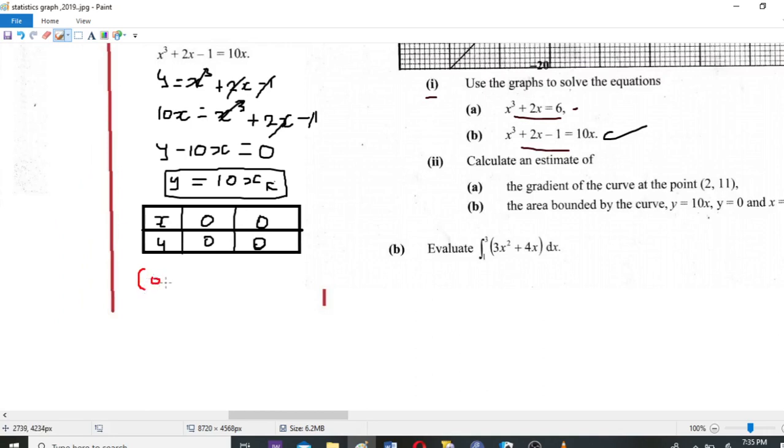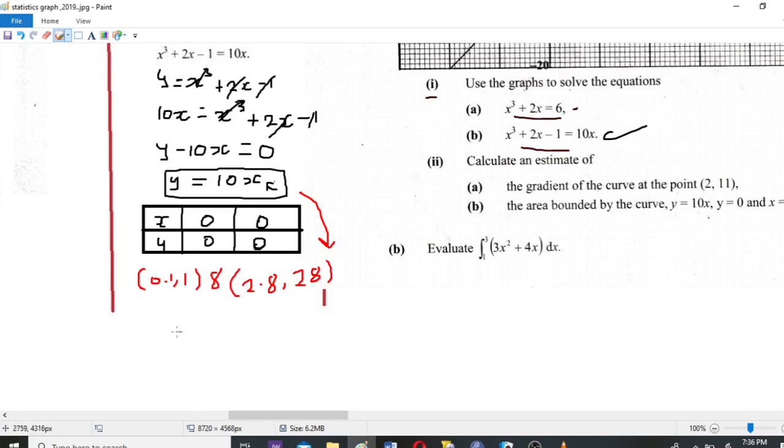That's 0.1 comma 1, and that's 2.8 in the x-axis comma 28 in the y-axis. Okay, so these are the solutions we are getting for this equation. So we can go to 2 now. I can finish this up.